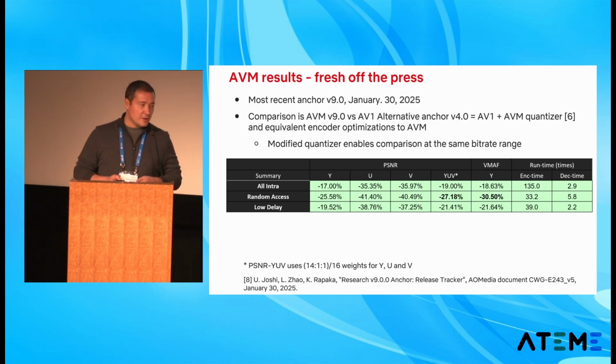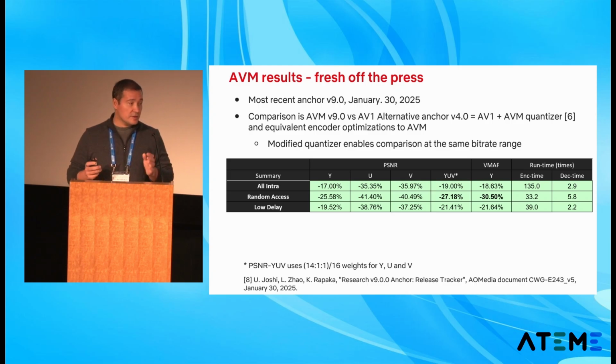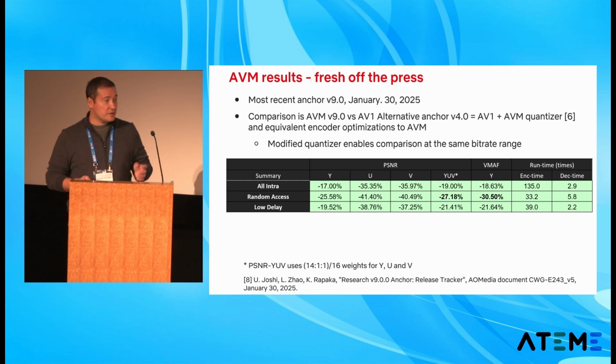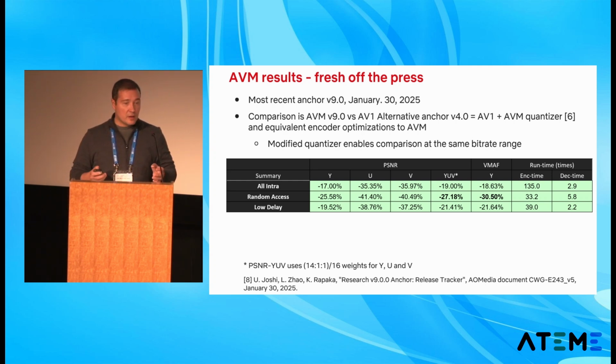So the AVM results are rather new ones. The recent anchor was released on January 30th this year, and the comparison is done for this anchor, version 9, versus what we call the AV1 alternative anchor, version 4, which is basically AV1 plus the AVM quantizer, because that allows you to use similar frame QP offsets and a similar frame prediction structure as in AVM.